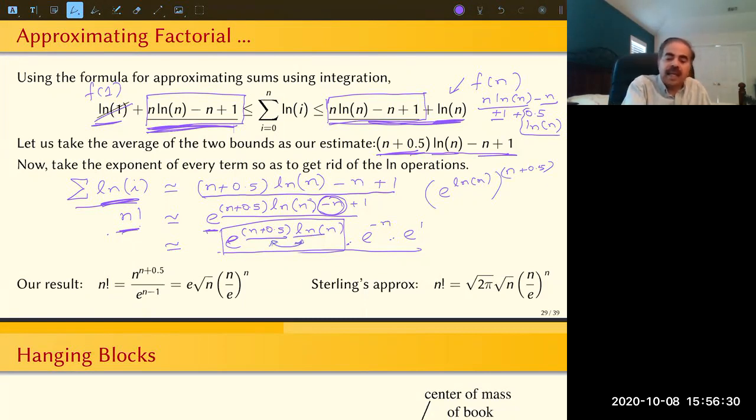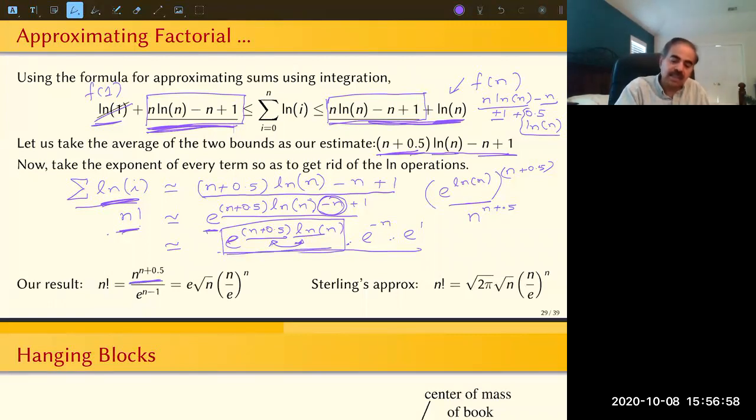And by definition, e to the power ln n is nothing but n. That's the definition of the logarithm. Although you have to look at the definition and stare at it before being convinced. But take it from me, e to the power ln n is nothing but n. So this is nothing but n to the power n plus 0.5, right? So that's what I have written.